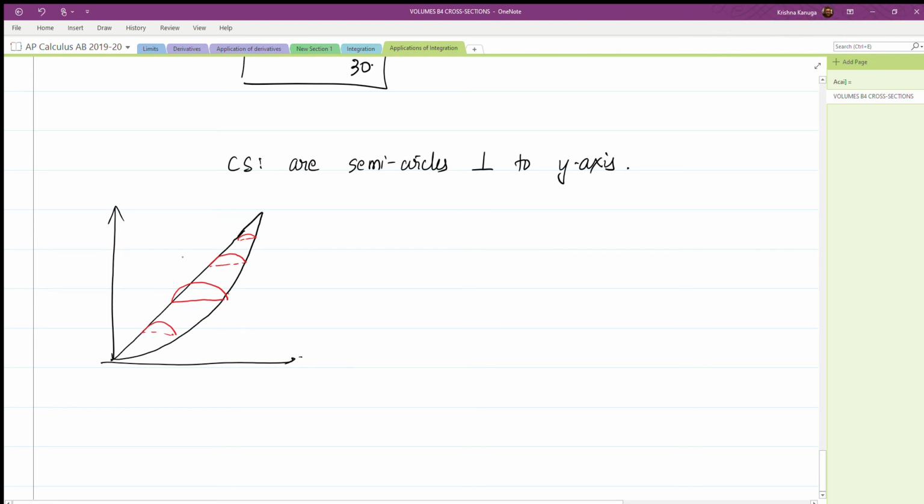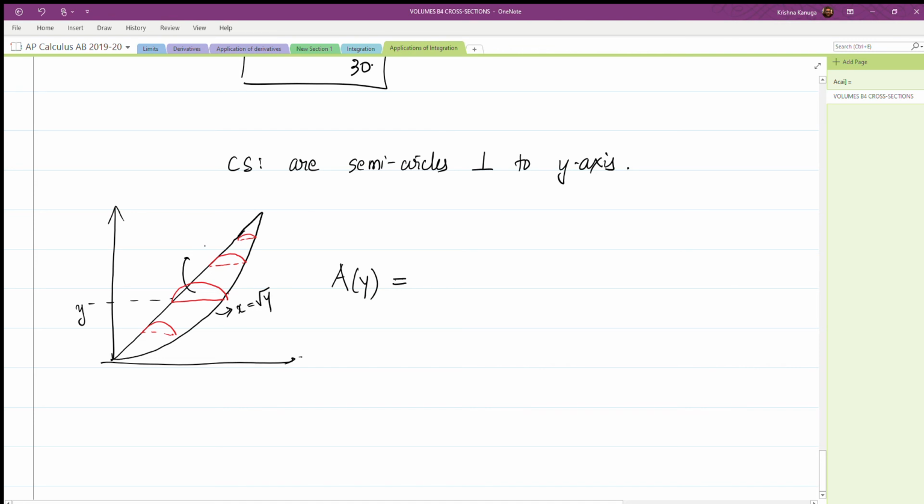To find the volume of this solid, once again we need to know the area of a semicircle. This time, because we are taking slices perpendicular to the y-axis, these areas will be a function of y. So we need to find A as a function of y. Since we're dealing with functions of y, we can write the parabola itself as x equal to square root of y.